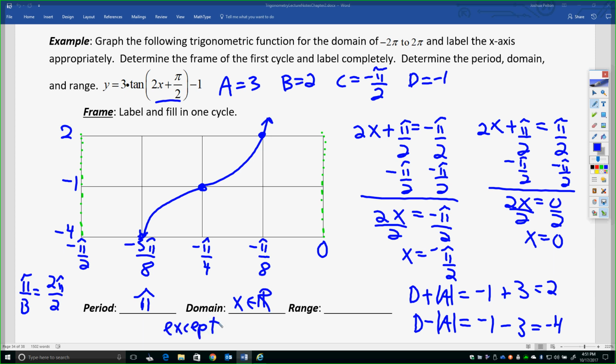if you notice, the asymptotes are every half pi. So every half pi we have a problem, except x cannot equal n pi over 2, where n is an odd integer.